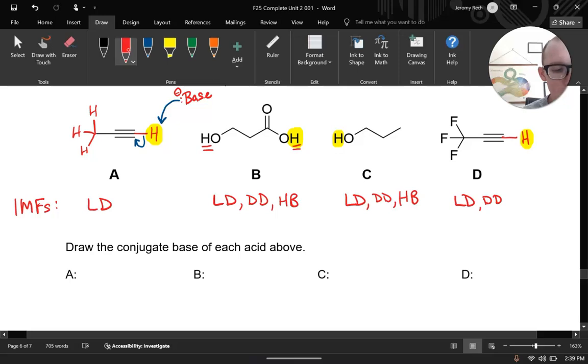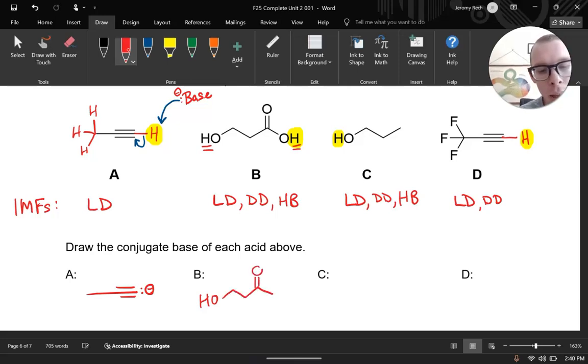In A, I would have a triple bond that would now have a lone pair at the end and carry a negative charge. In B, I'm going to have everything be mostly the same, except instead of an OH at the right side of my carboxylic acid, I'm now going to have an O-. In C, I'm going to deprotonate the alcohol to get an O-.